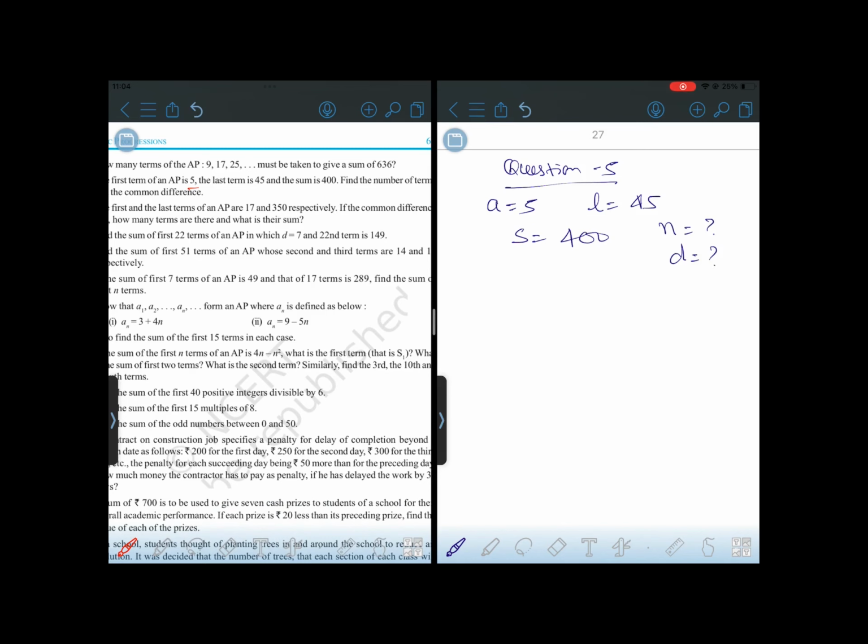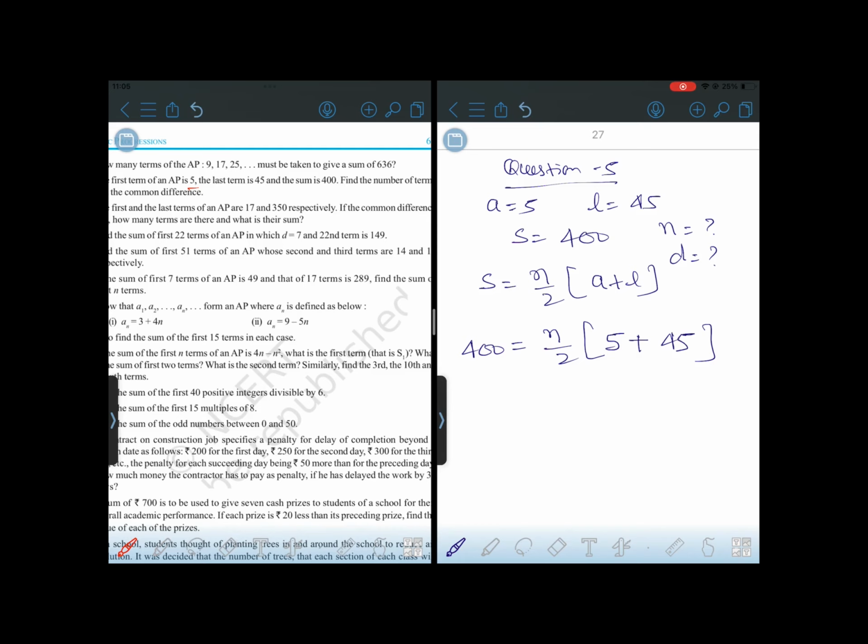So same formula, right, which we are using for the last 1 hour. So that formula is S is equal to n by 2 in bracket A plus L. The sum is given as 400, and we have to find out the value of n. A is 5, L is 45, right?